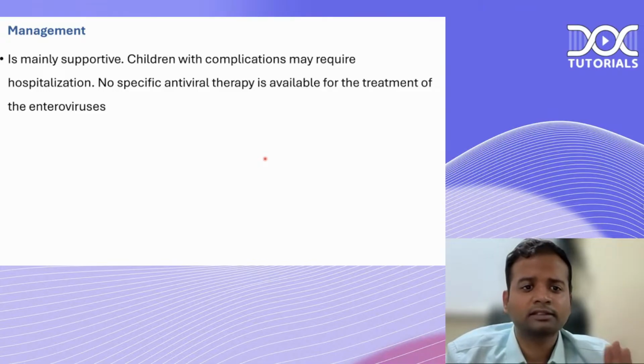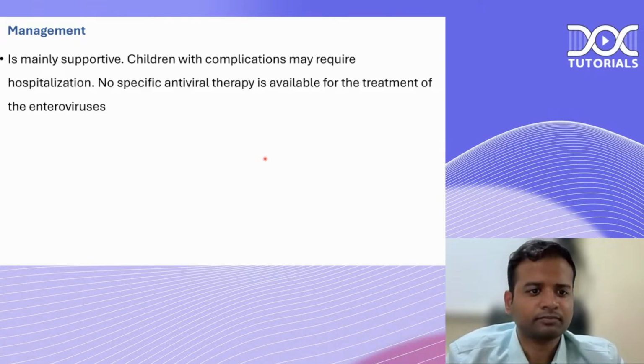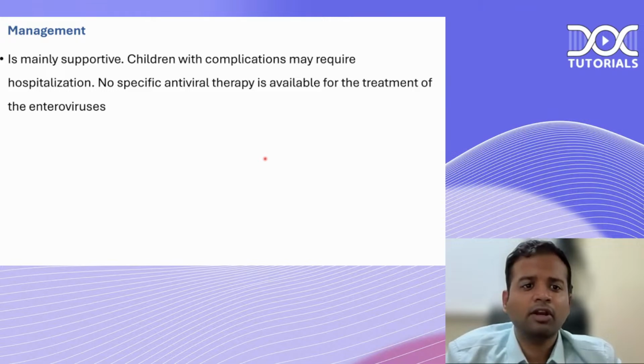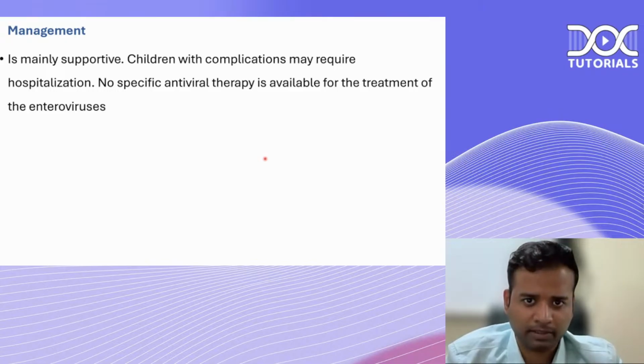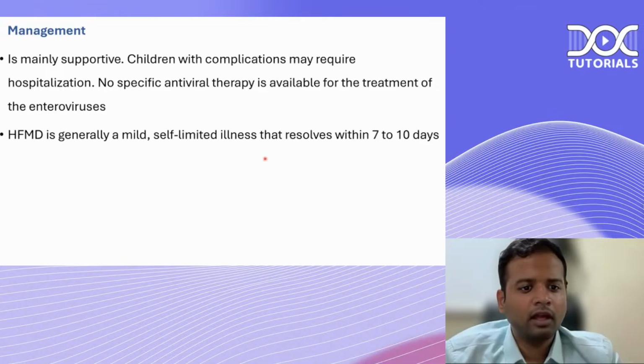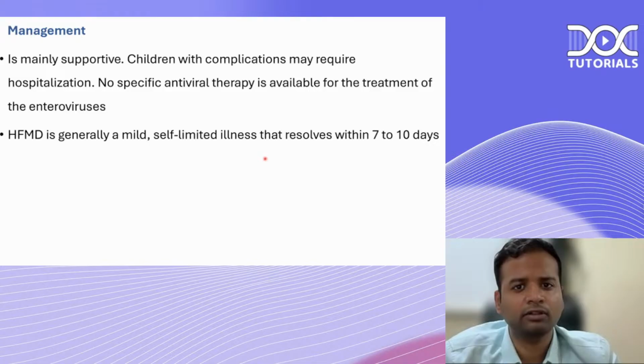You take care of the fever, you take care of the hydration, and it will resolve. Typical HFMD will resolve in a week. Atypical HFMD and HFMD with complications, you may need to hospitalize the child and take care of all the complications. HFMD is generally a mild, self-limited illness that resolves in 7 to 10 days, maximum 10 days.